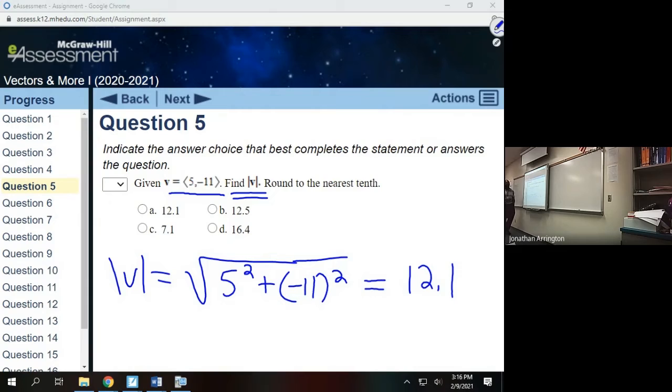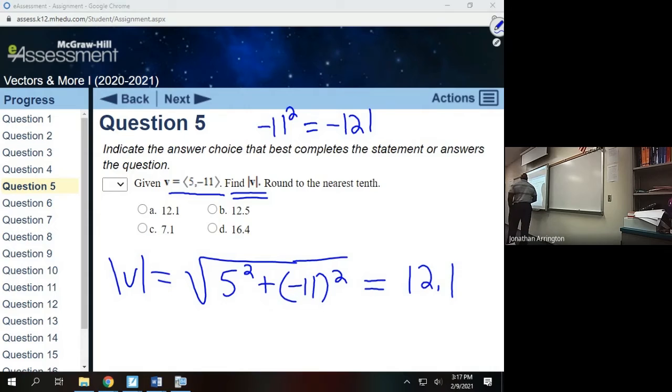And the problem is, people don't know how to type this into the calculator if they have to use the calculator. The main issue that people have every year is they write negative 11 squared like that. The calculator reads this as, okay, you want me to square 11 and make it negative.